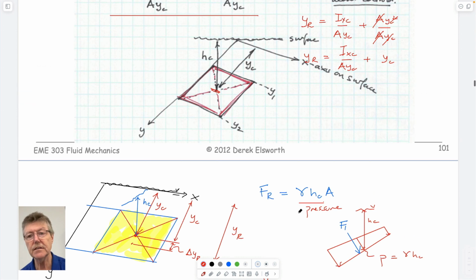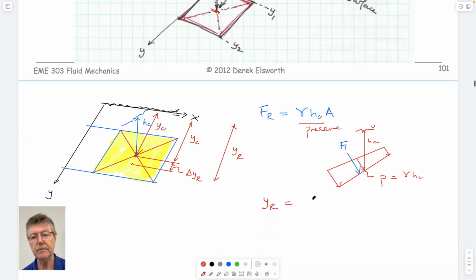I'm going to write it exactly the same, I_xc, again, just a standard result, plus y_c. And so you see that this location where it acts, so this is the point where the force will act, and I probably will draw the force then acting up. So the force will act perpendicular to this plane. It will be of some magnitude f sub r, and it will act exactly at this point here.